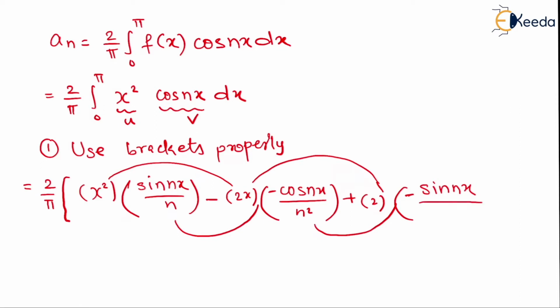It's already n square, one more n, that will become n cube. No need to go ahead because the derivative of 2 is 0.